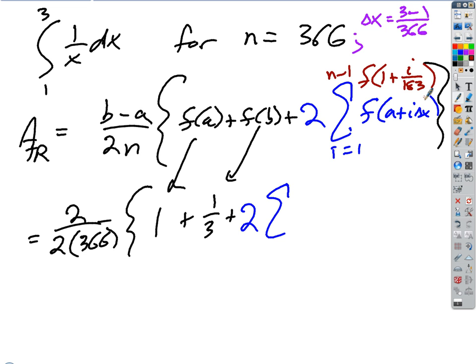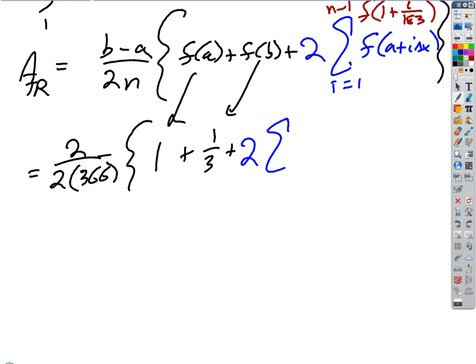Okay, so what's f of that? 1 over that, right? If f of x is 1 over x, f of that is just 1 over that. So we're adding up the sum of 1 over 1 plus I over 183. Does everybody see that? Is that making sense?